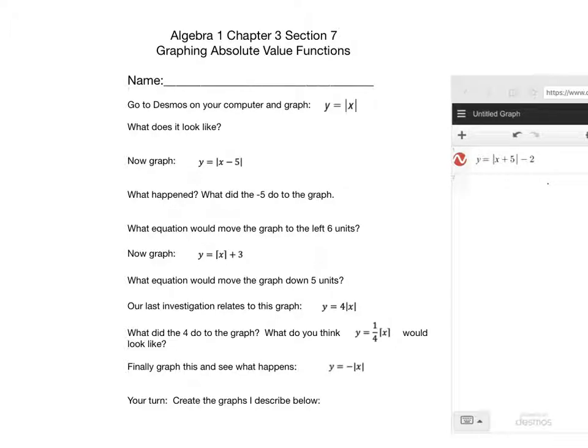And for left and right, we have to remember that we go opposite the direction of the sign. So we have 2 more things that we can do. Now we know how to move it left, right, up, and down. The next 2 things we're going to learn how to do is to make it wider, narrower, and flip it.